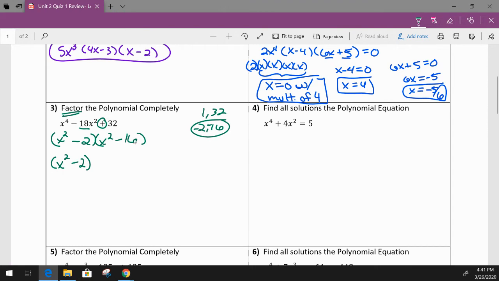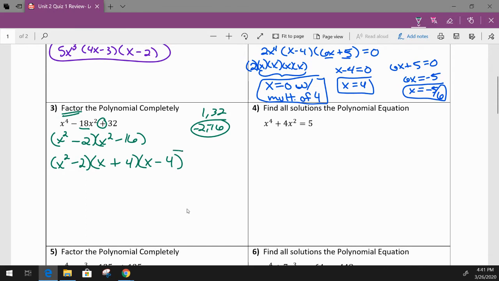However, the x squared minus 16 is a difference of squares, so that can be factored again. The x squared factors into x and x, the 16 factors into 4 and 4, but your signs must be opposite, 1 plus and 1 minus, so that when you multiply them together, you get a negative 16, and if you added them together, it would be 0, which is why there's no middle term in the first place.